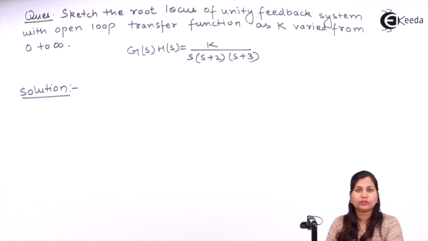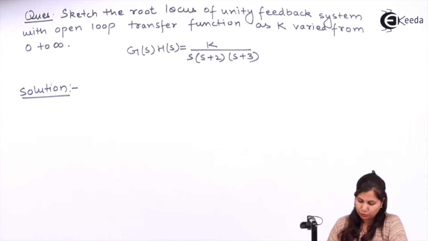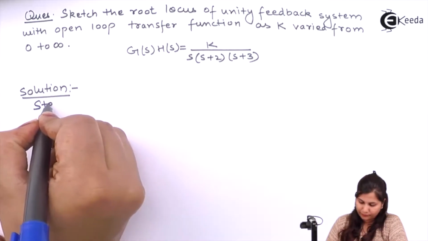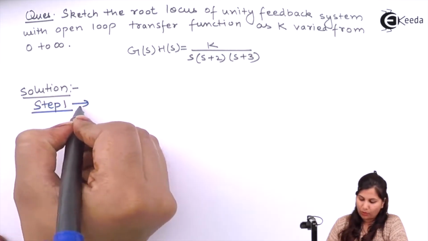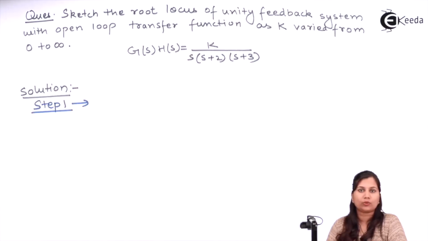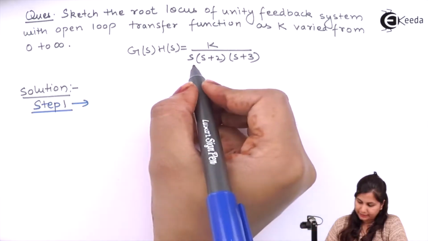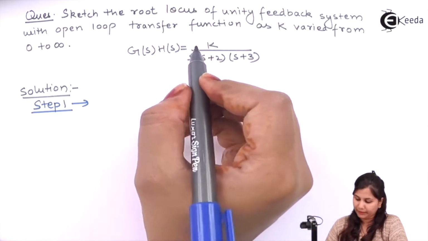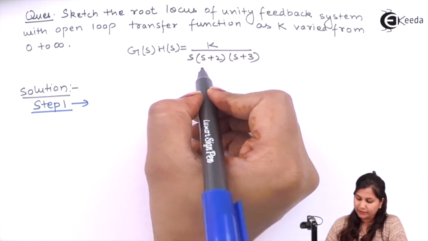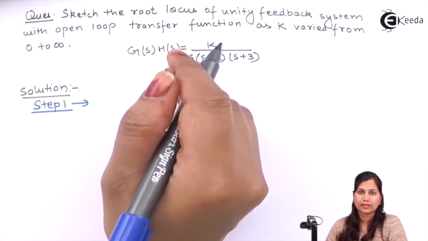We will follow the rules or the steps of the root locus technique one by one to plot this root locus. The first step is to determine all the poles and zeros of this system. As you see, the poles are obtained by equating the denominator term to 0.